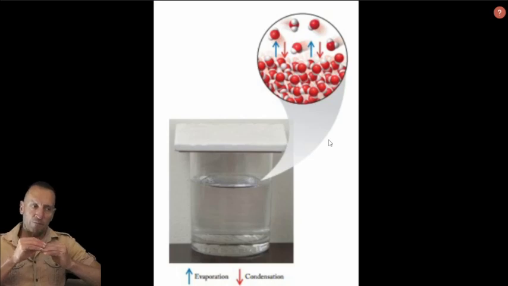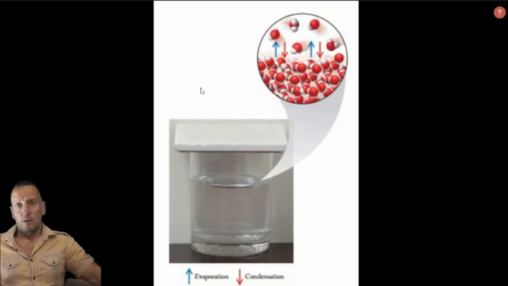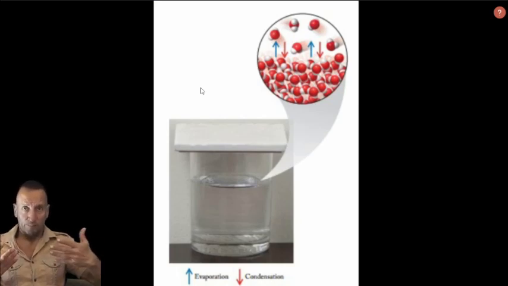Why is this happening? Now, if you leave another glass of water with a lid on top, even toddlers know that the water is not going to evaporate. Why is it not evaporating, and how is this evaporation process actually happening?